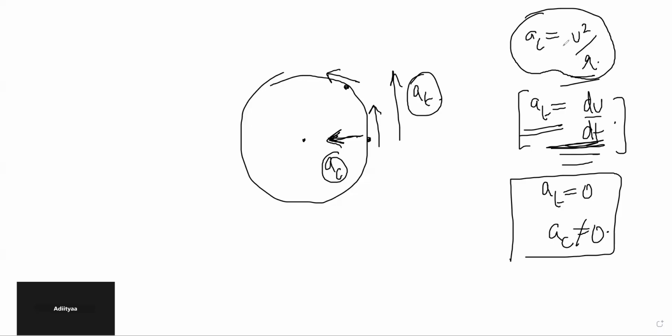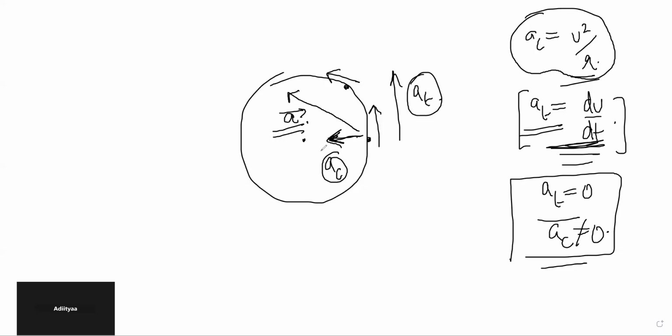If it was non-uniform circular motion, it will have both components of acceleration, AT and AC, and the resultant acceleration will be something like this. For uniform, the resultant acceleration is always just towards the center.